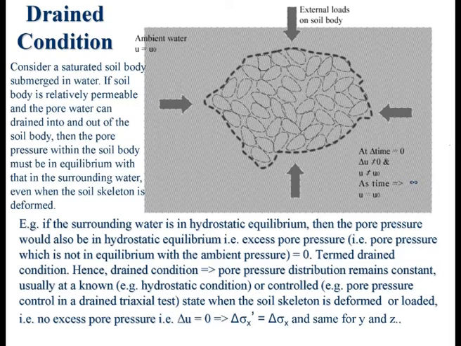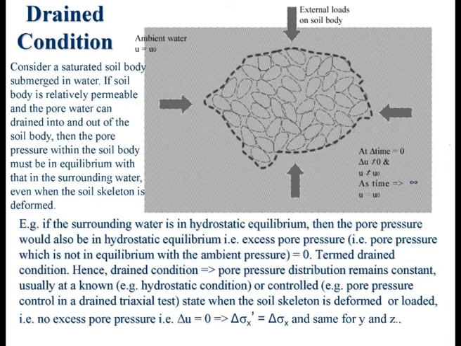A lot of engineers don't know that when you run a drained analysis, you need to define the pore pressure boundary condition. Sometimes maybe Plaxis will define or assume it for you if you don't define it. But it means the person is definitely not qualified to be a geotechnical engineer because he's not aware of what needs to be done. You know what I mean? So we usually ask this question: in a drained analysis, what is your pore pressure boundary condition?